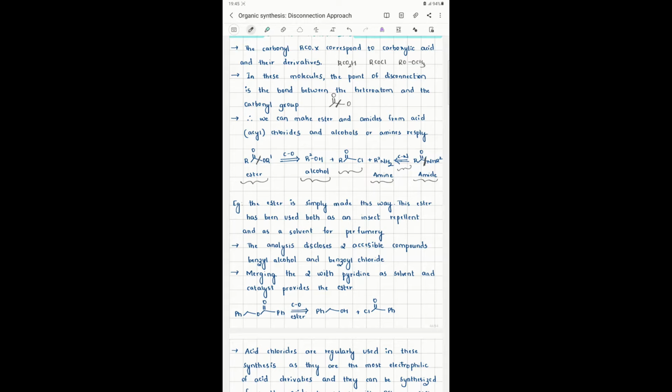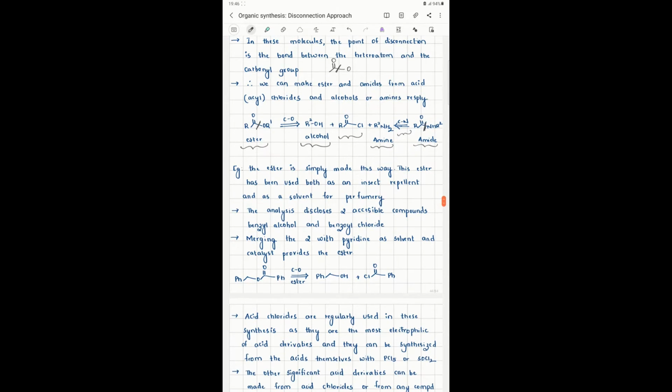So if I want to synthesize my target molecules, how would I do it? Alcohol reacts with alkyl chloride or acyl chloride to give me the respective ester. Acyl chloride or alkyl chloride is going to react with an amine to give me an amide system. So such simple systems can be dealt with under one group disconnection.